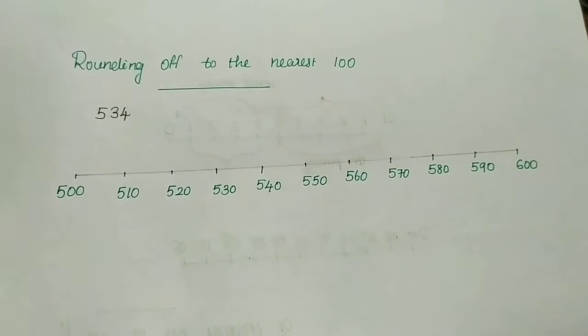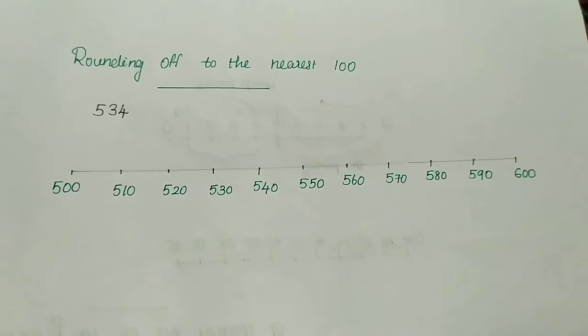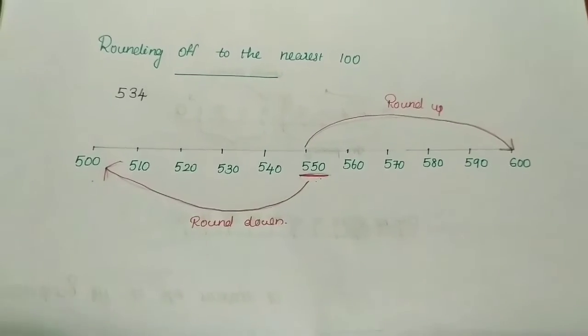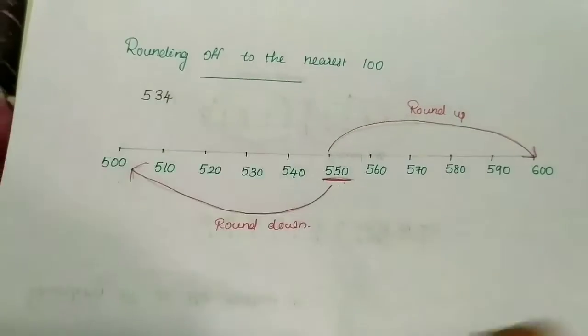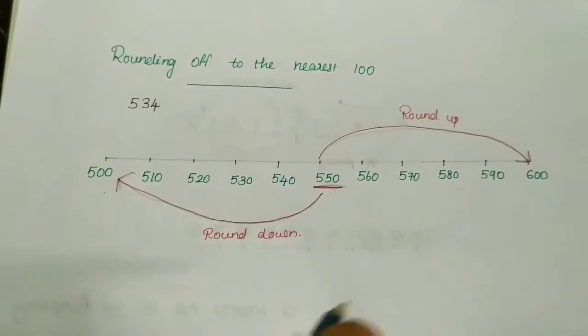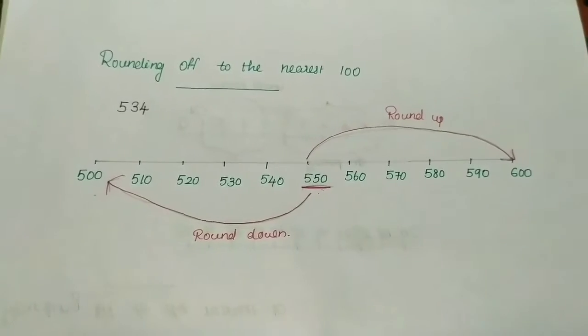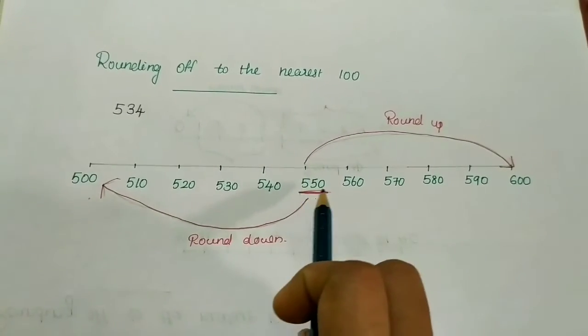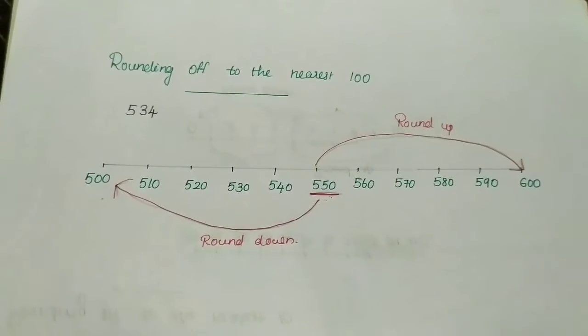Then, consider this number line, the number line from 500 to 600. In this number line, 550 is the middle number.